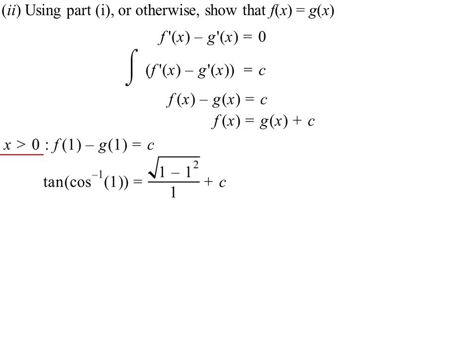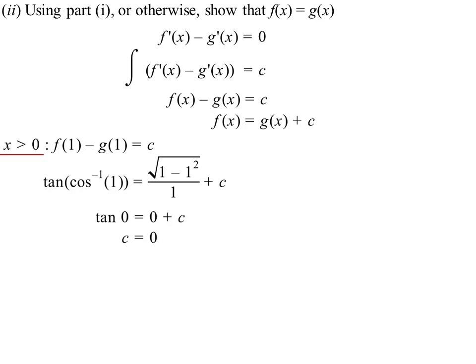When x is greater than 0, sub it in, I get f(1) minus g(1). Subbing that into our function, I get the tan of the inverse cos of 1 equals the square root of 1 minus 1 squared over 1 plus a constant. So I've moved the g back on the other side. So like here, f(x) equals g(x) plus a constant. That's what I'm substituting in.